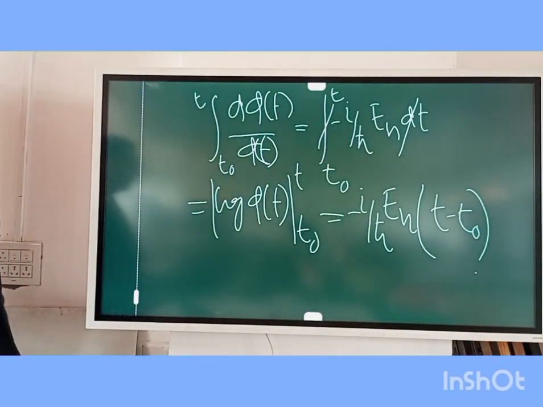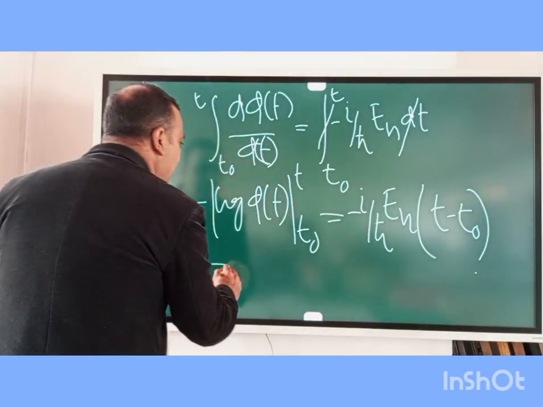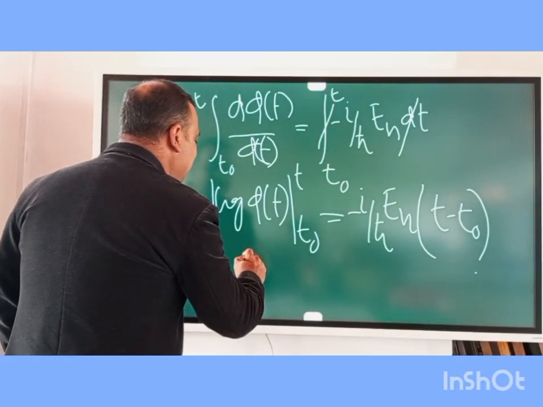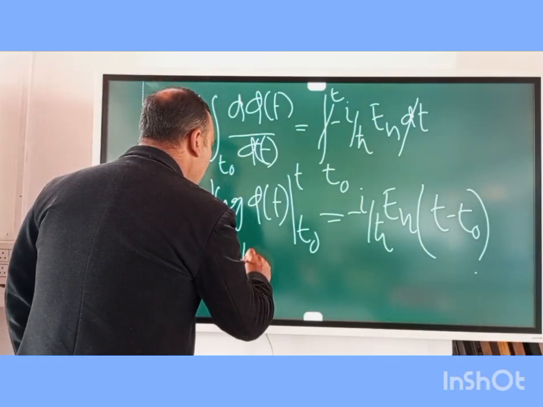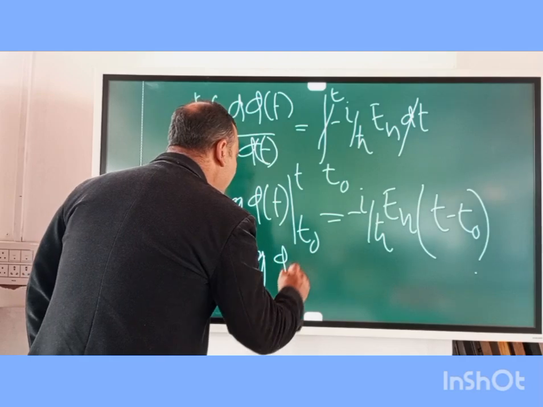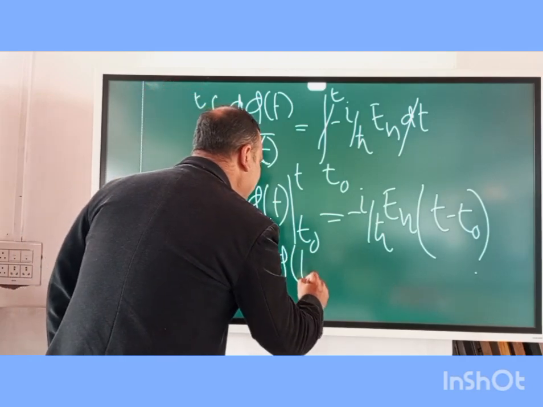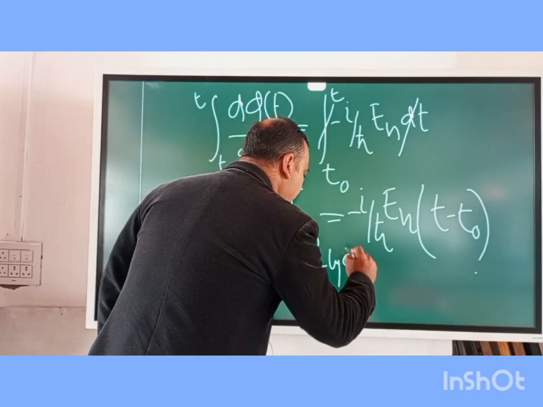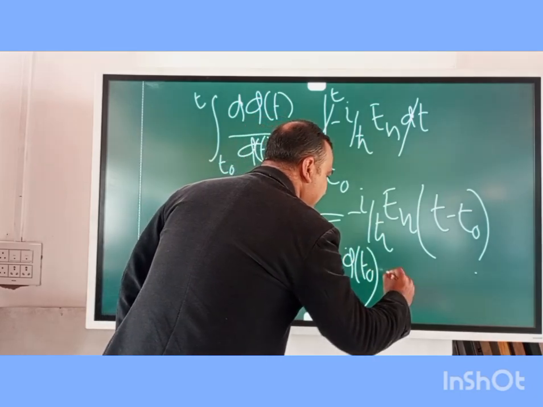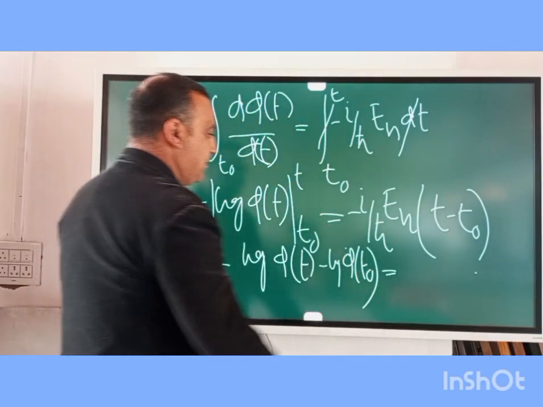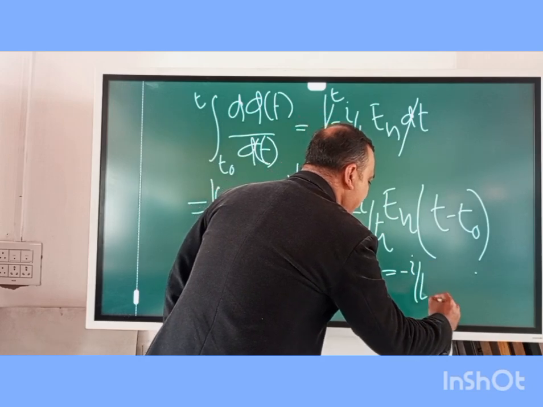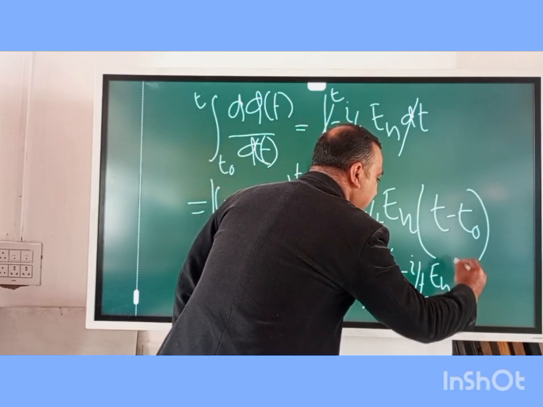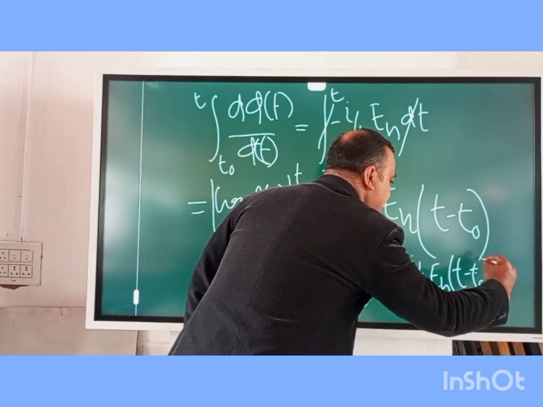Right? So this will give us log of φ(t) minus log of φ(t₀) is equal to the same thing, minus i/ħ Eₙ (t minus t₀).